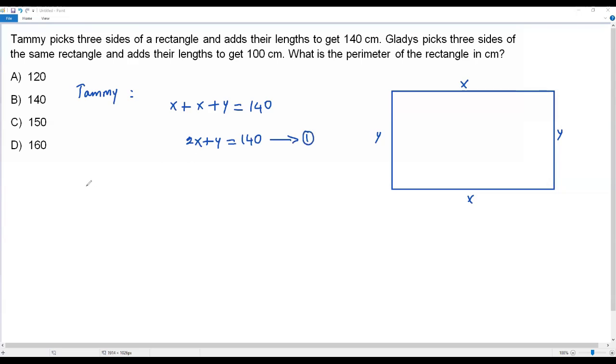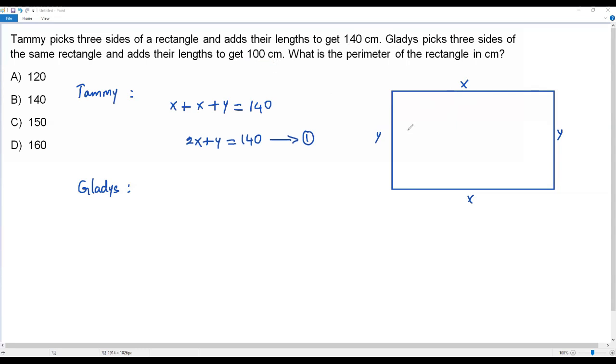Now let me go to Gladys. Gladys also picks three sides for the same rectangle, but when she adds the lengths, she does not get the same result as what Tammy gets. She gets a different result, 100 centimeter. So Gladys must have picked two widths and one length, because already we have taken two lengths and one width for Tammy, and for Gladys we should not take the same thing, because the result is not the same for both of them.